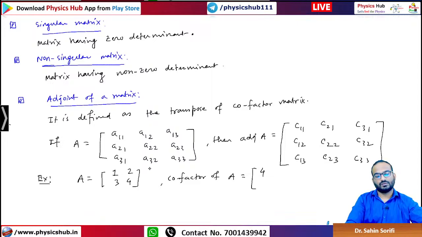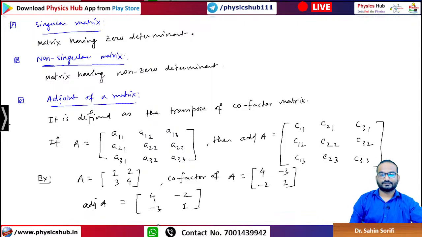Minus 1 to the power 1 plus 2 is negative, so negative of 3. For 3, the remaining element is 2. This is also negative, so negative of 2. For 4, just remove it, leaving 1, which is positive. The adjoint of A will be the transpose of this cofactor matrix of 4, minus 3, minus 2, plus 1.